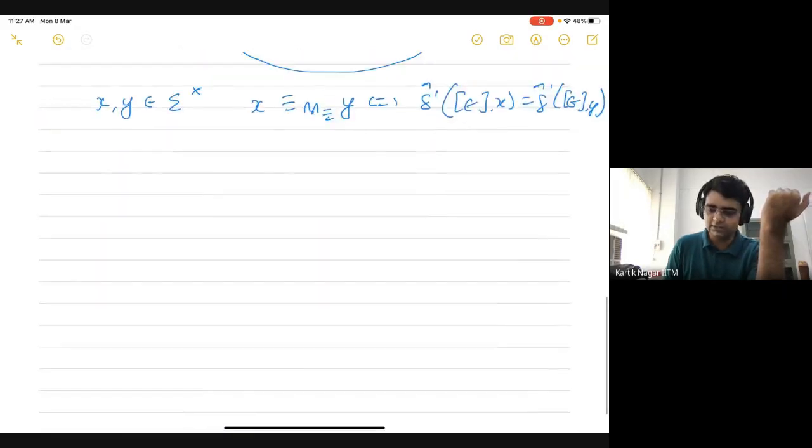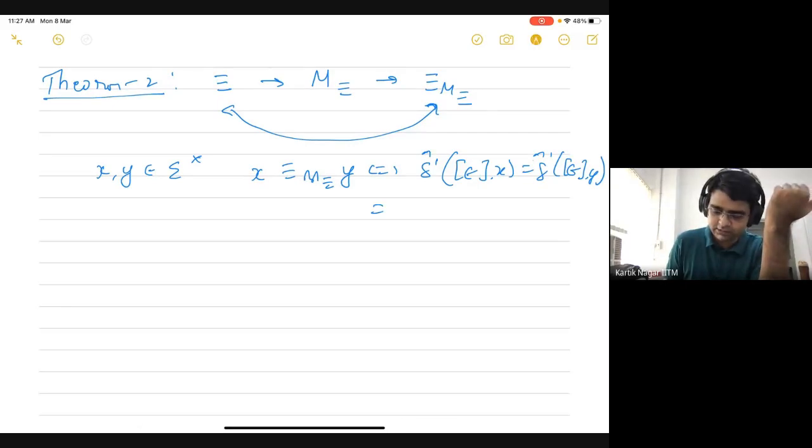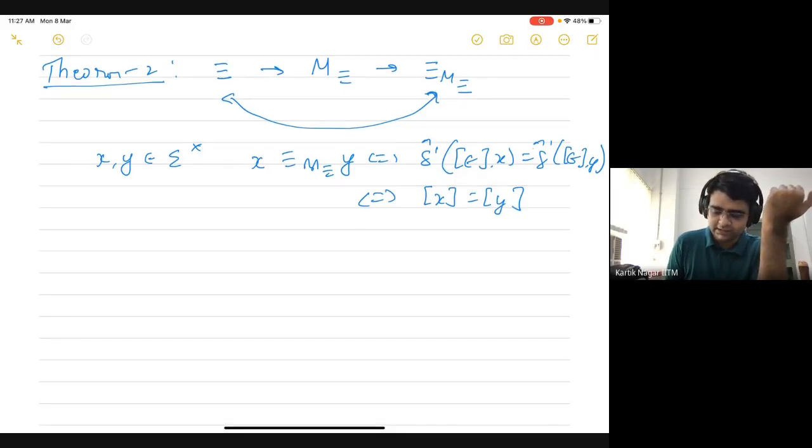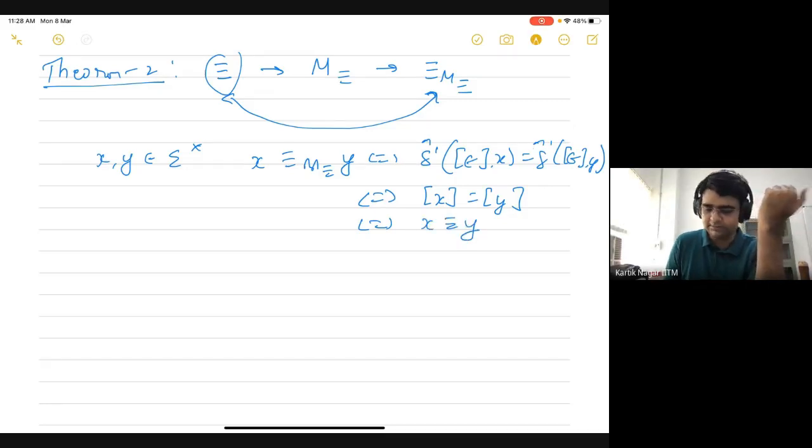We can use the lemma. So this would then say that the equivalence class of X is equal to the equivalence class of Y. And this equivalence class is according to the original relation. That's why this would mean that X is related to Y. So that's it.